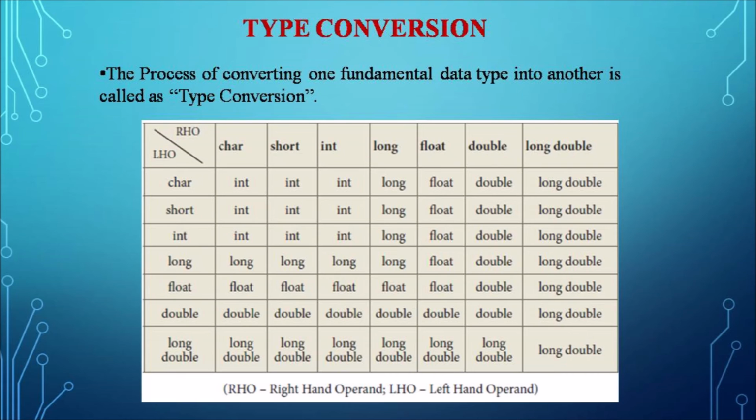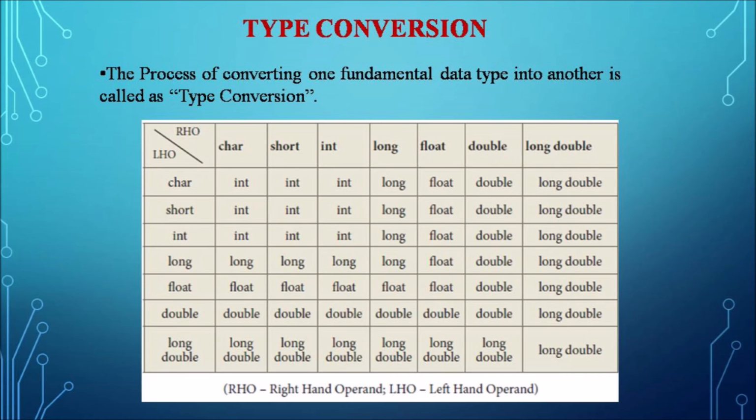The first column displays the left hand operand, say for example A. In case A belongs to these data types, character, short, int, I am talking about the first column, that is the vertical column, and B represents the first row, the topmost row, the heading, character, short. So if both A and B are character, the result will be stored as integer.